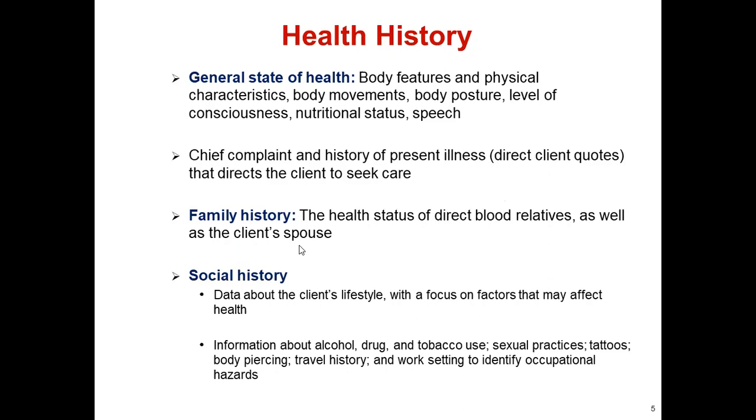If your patient is not able to give the data, we can collect it from the family members or spouse. So the source of data will be secondary, right? And also we have to take the family history.